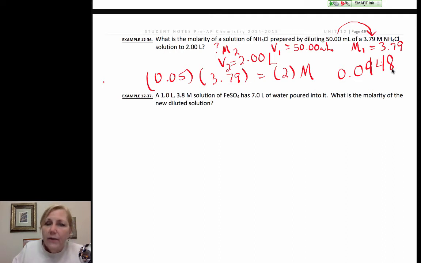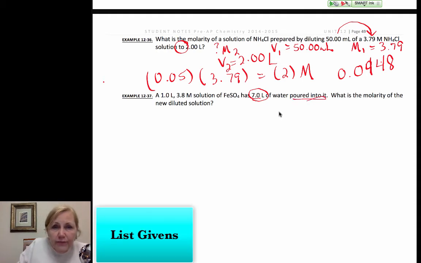Okay? Now, the one other twist is this. Do you notice that it says it was diluted to a volume here? Be a little bit careful because this time it said 7 liters was poured into it. So I started with 1 liter. So my volume 1 was 1 liter. My molarity 1 was 3.8 molar.